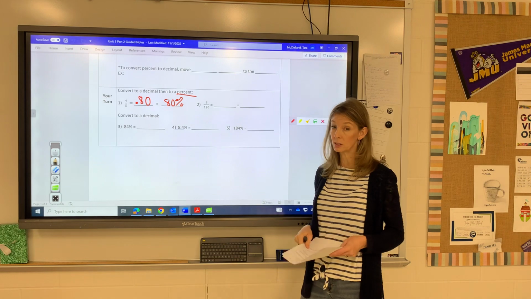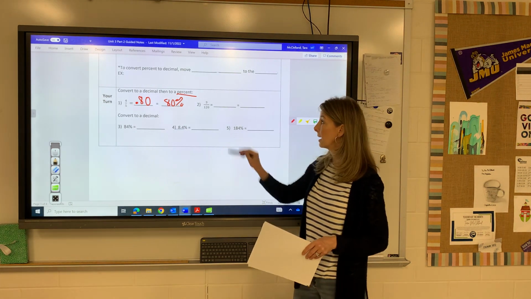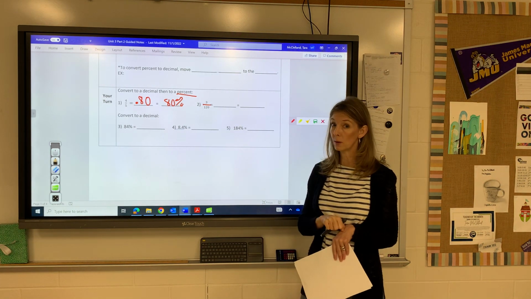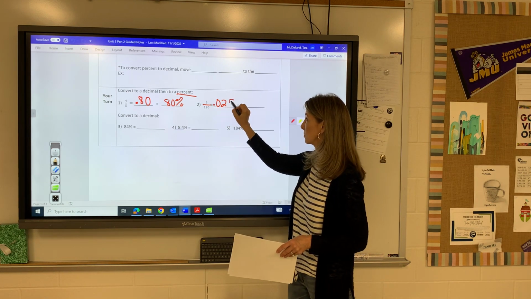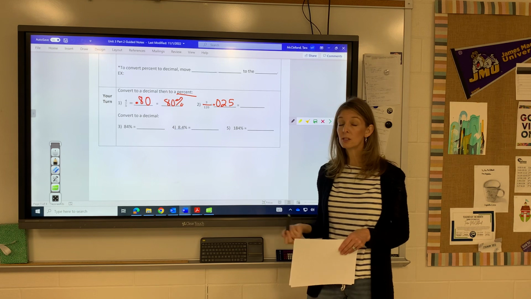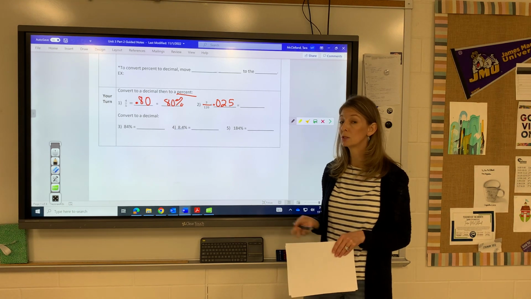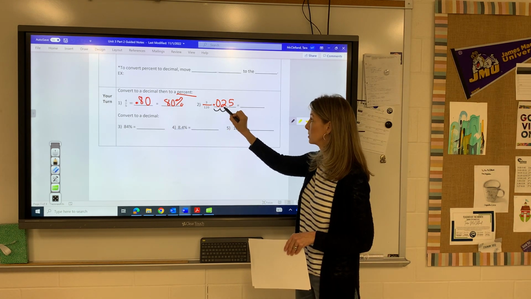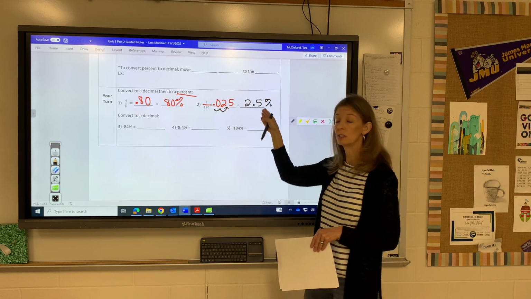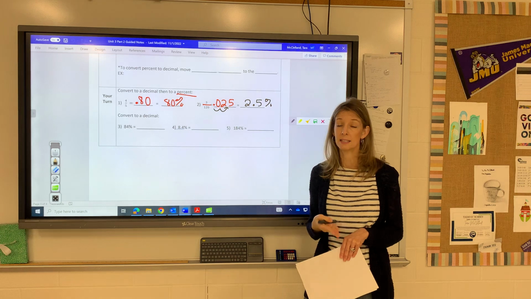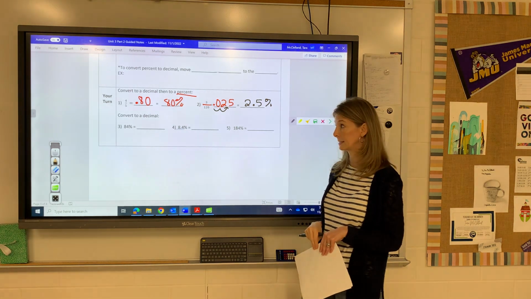Go ahead and take a moment to do that in your calculators. Again, that's 3 divided by 120, and you get 0.025. Now again, to turn this to a percent, we move our decimal 2 places to the right, 1, 2, and we end up with 2.5%. Remember, it is perfectly fine to end up with a decimal in your percent.